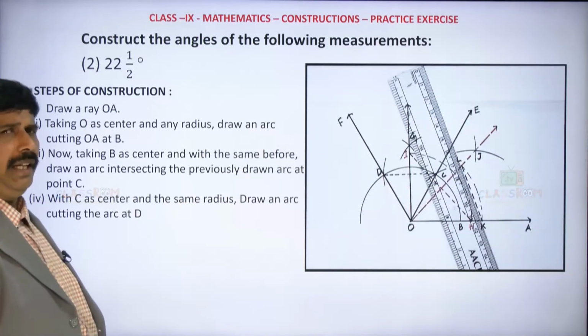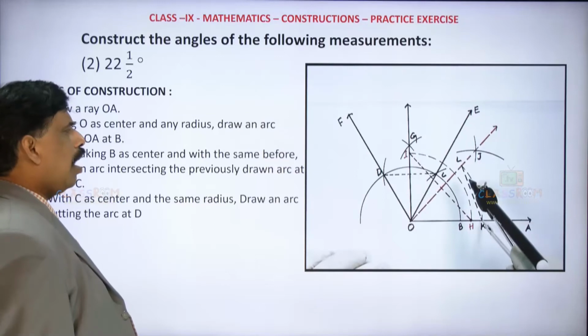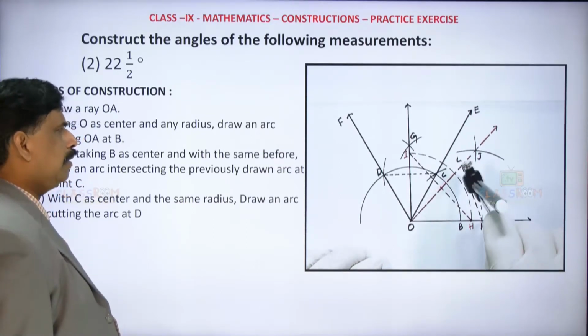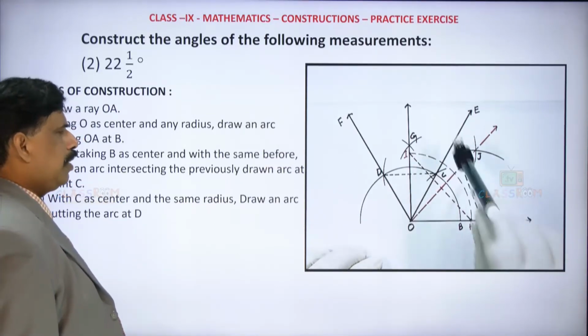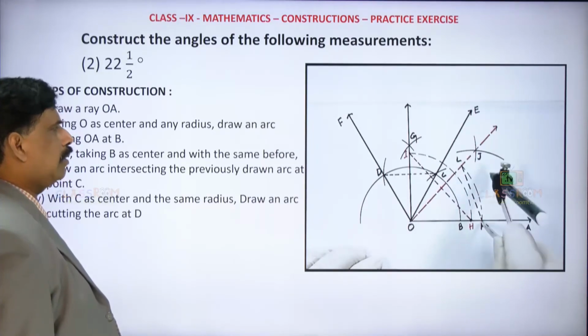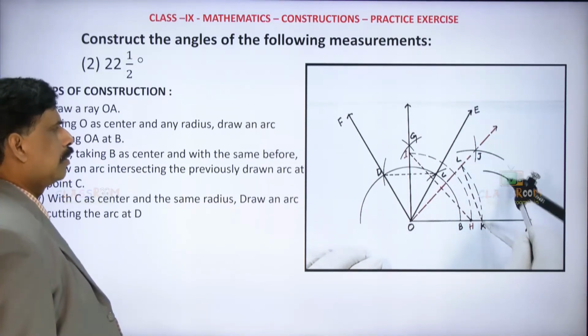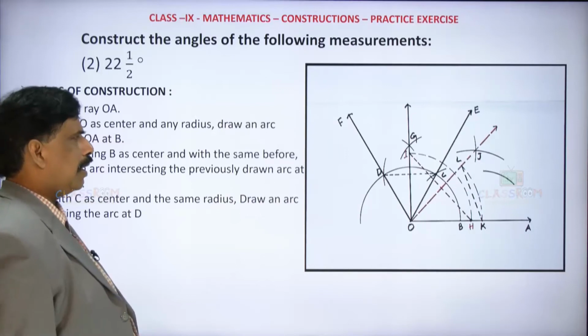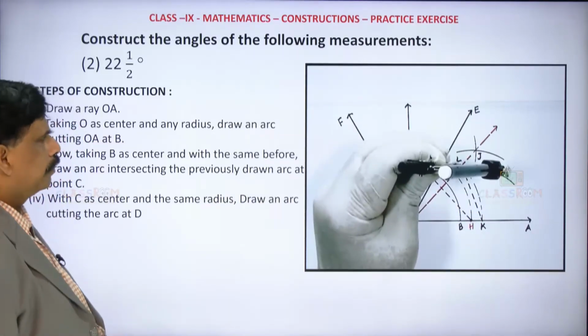Take the compass again. Take the radius more than half KL. Place it at K, draw one arc. Place it at L, cut the previous arc.